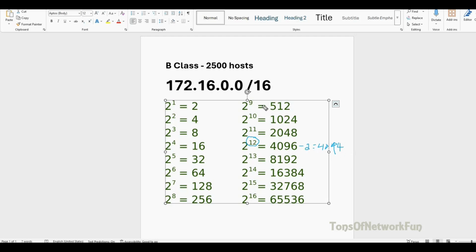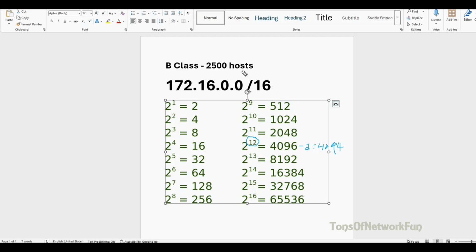Minus 2, why? Because one for network ID and another one for broadcast ID we lose. So that's why we still get 4094, which is more than the 2500 requirement. That means there is going to be some IP address wastage in this example, but that's how FLSM is. We cannot break anything further than what the requirement is.